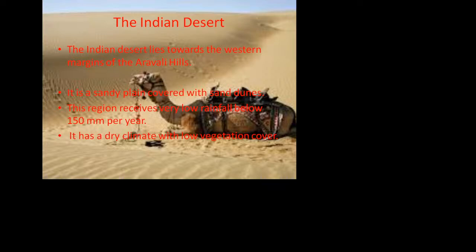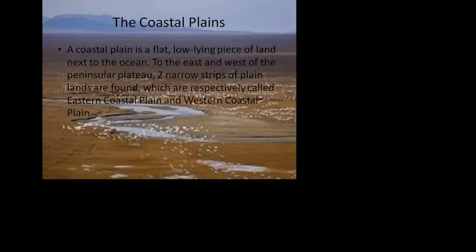Now the next term is, what is a sand dune? The answer is a hill of sand made by the wind on the coast or in a desert. That is known as sand dune. Yes, Priyansh, correct answer. Your answer is correct.